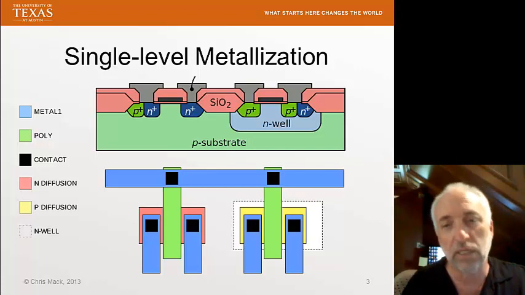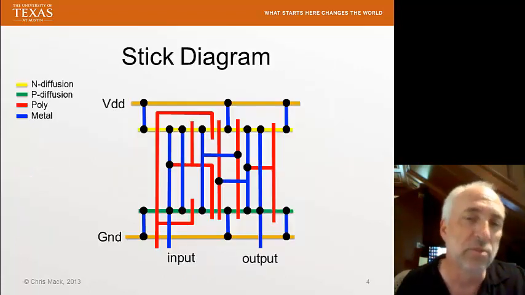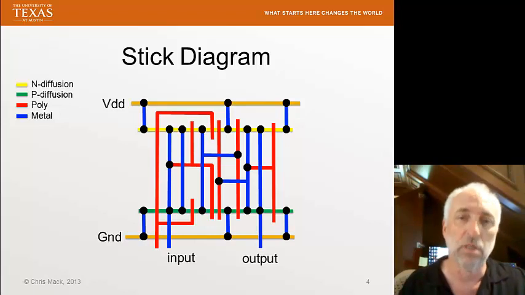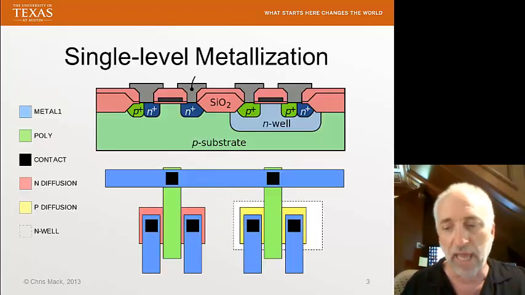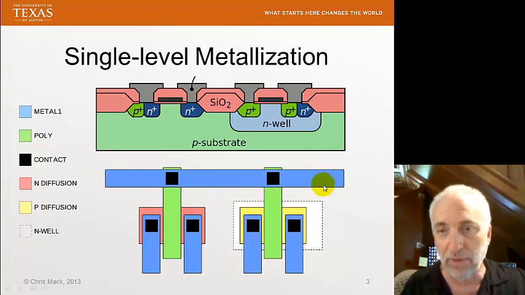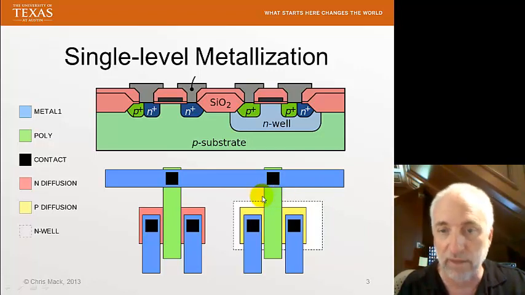Let's look a little bit more closely at a more reasonable, practical way in which we connect these things together. So here's a stick diagram version, which just makes the drawing a little bit easier, but it has all the characteristics of this layout. So this is a kind of a layout drawing where the rectangle width represents the actual width of the metal line, for example, or the actual width of the polysilicon line.